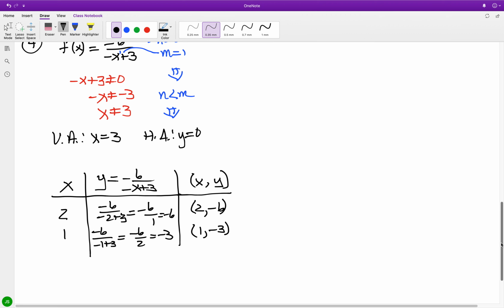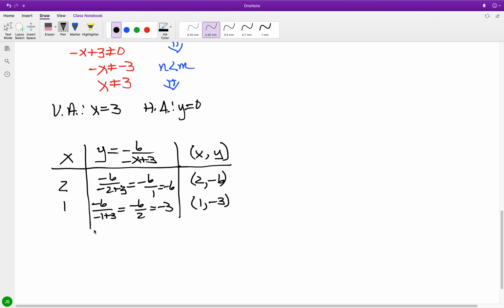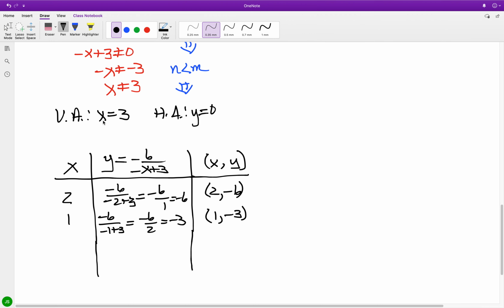And if I were to go out even further, it says plot at least 2 points on each side of the vertical asymptote, so you have 2 points to the left, and if I go 2 points to the right, if I go to x equal to 4, we have negative 6 over the negative of 4 plus 3.